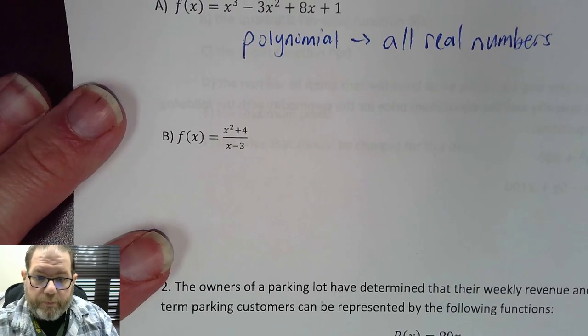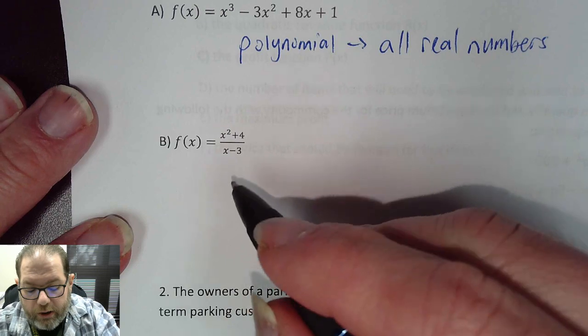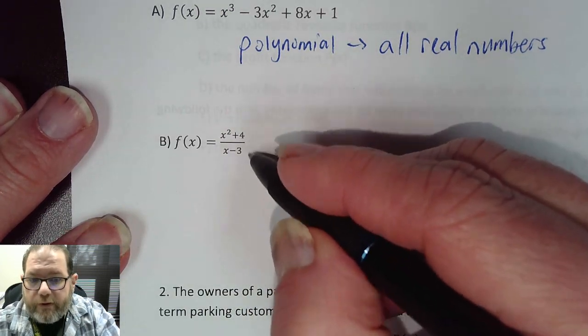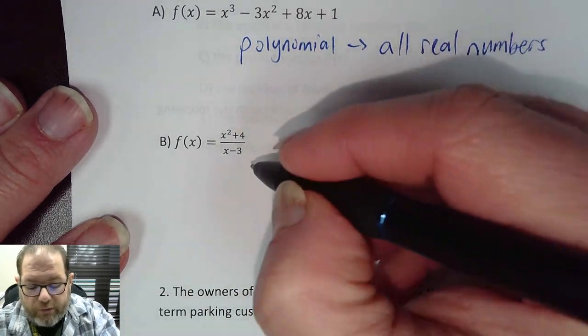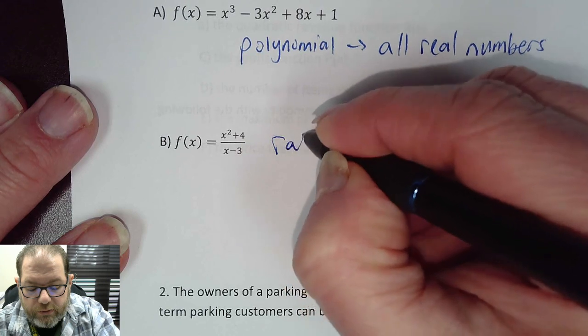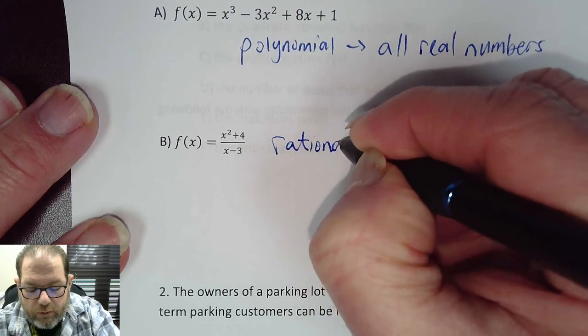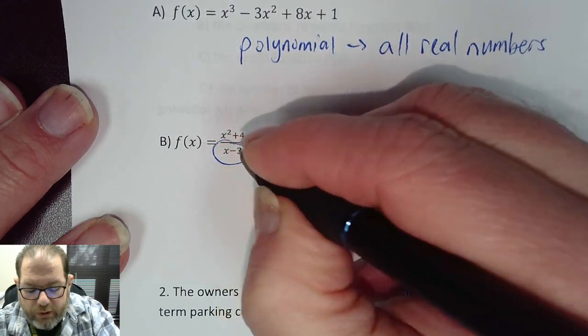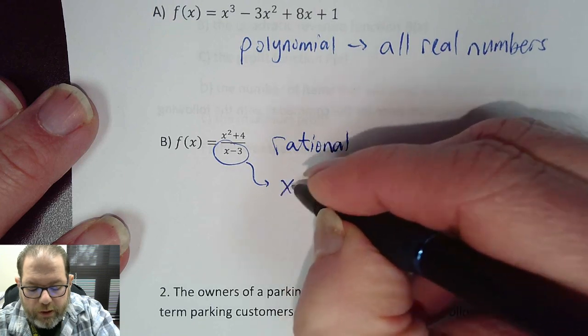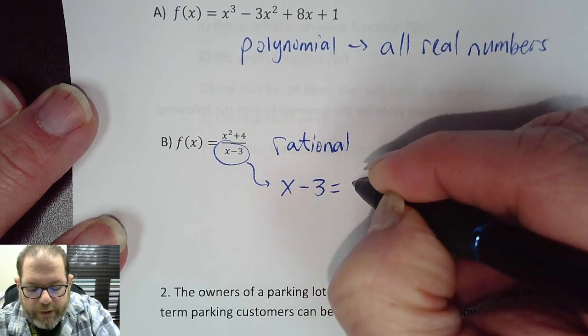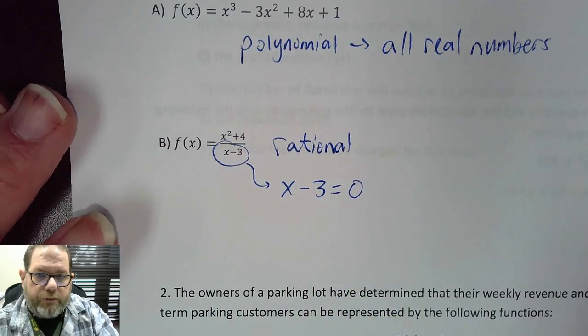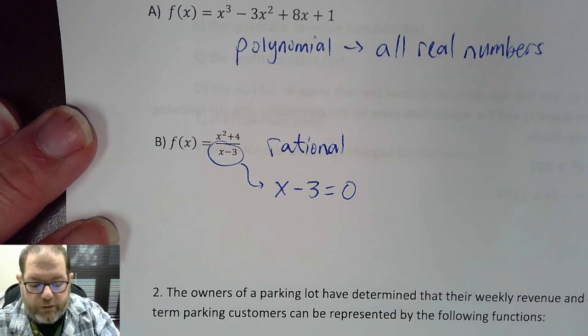In the second part, part B here, this is a rational function because it's expressed as a fraction. And so because it's rational, we have to look at the denominator and figure out what value of x makes that equal 0. So we'll take x minus 3 equal to 0.